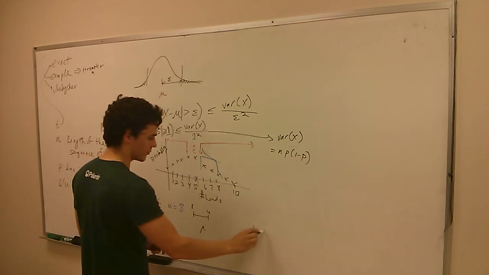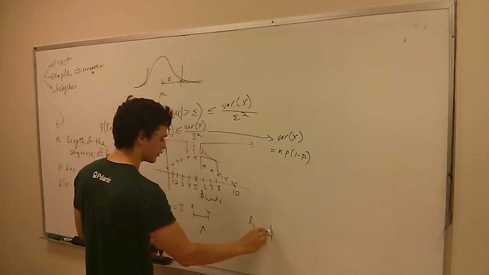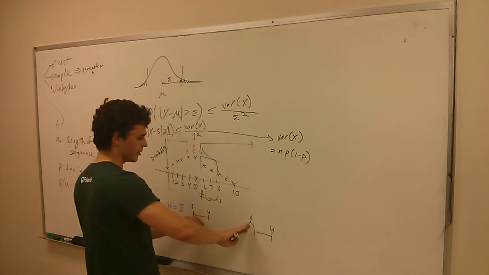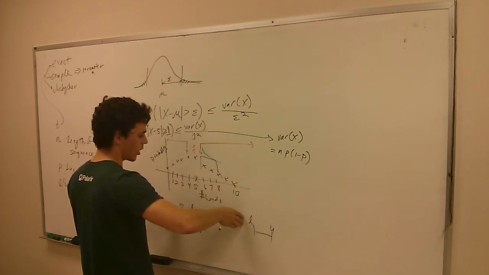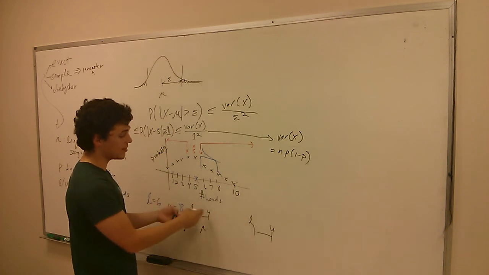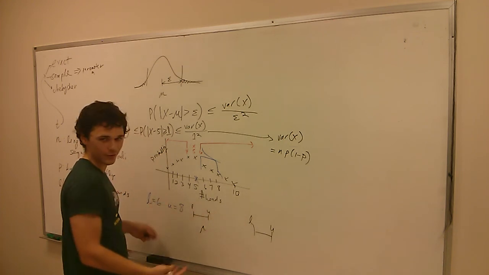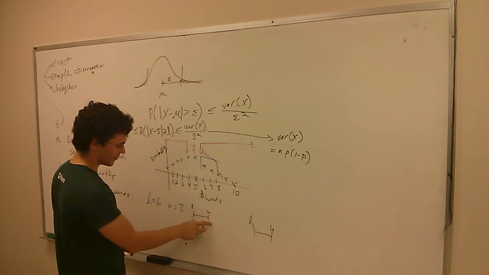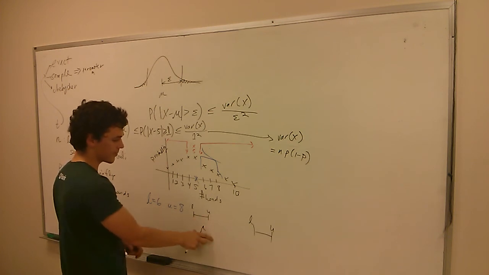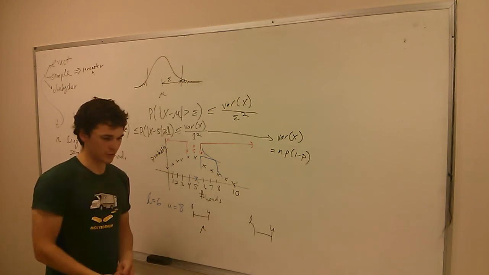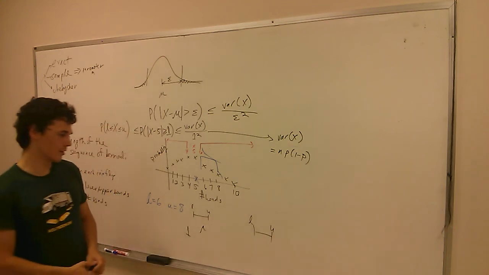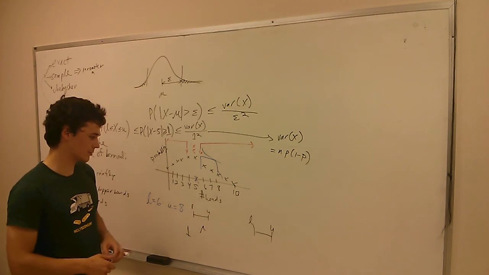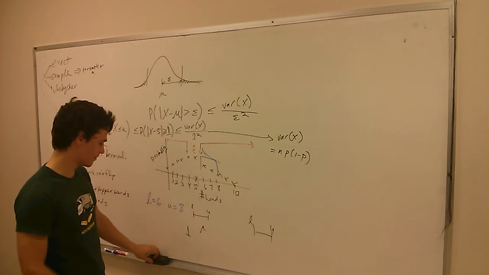Chebyshev can tell you if the interval were here, further out, that the probability of being this far out is low, because the probability of being out of this region is low. But this is in the region that you're talking about, so you can't really do anything. So in the case that L and U, this interval, overlaps with the mean, you can't say much, so you just say the probability is 1. 1 is always an upper bound of the probability. That's a trivial upper bound. You can just say probability is less than or equal to 1, right?